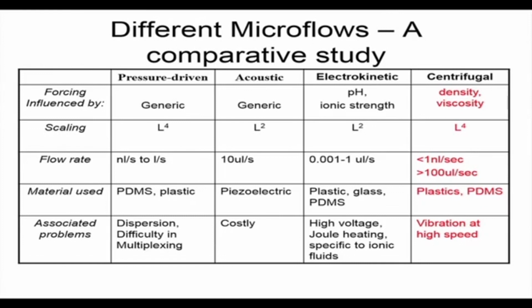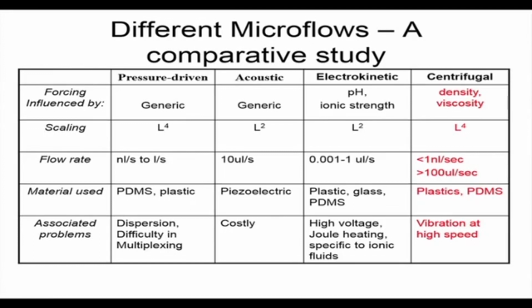Out of this you will see that electrokinetic is a little bit different from the others, because in electrokinetic transport, as we will see later on, the transport is strongly dependent on the chemistry of the sample, that is pH, concentration, all this. On the other hand the other mechanisms are not so much dependent on the chemistry or electrochemistry.